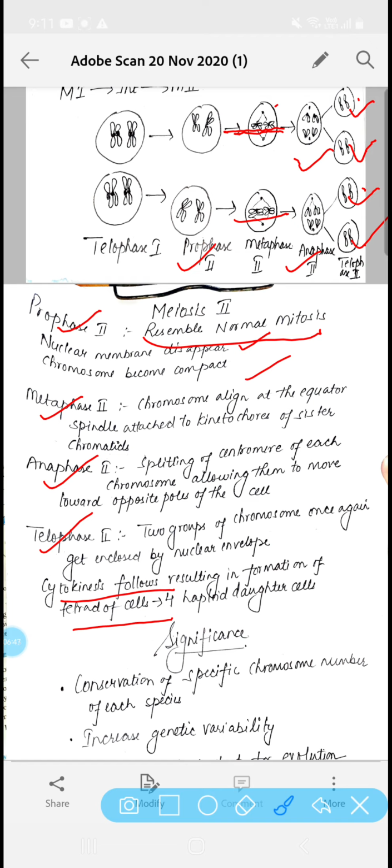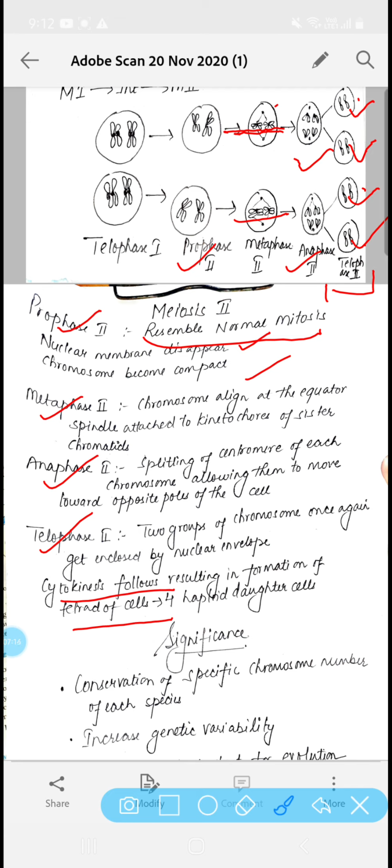As I discussed at the start, mitosis and meiosis are different, because at the end of mitosis only 2 cells are formed, and both are diploid. But in meiosis, 4 cells are formed, and all 4 are haploid. So this is the difference between meiosis and mitosis.